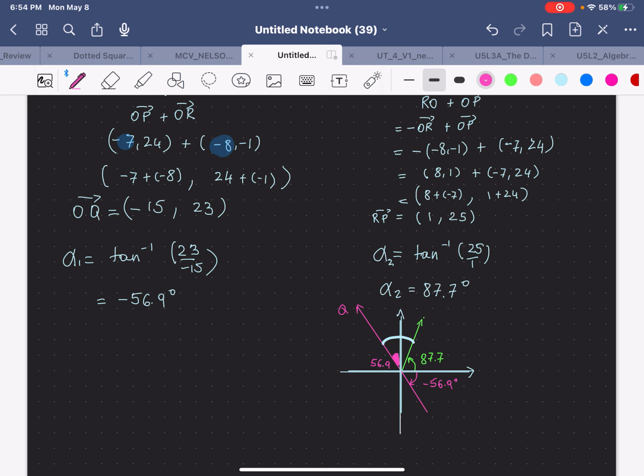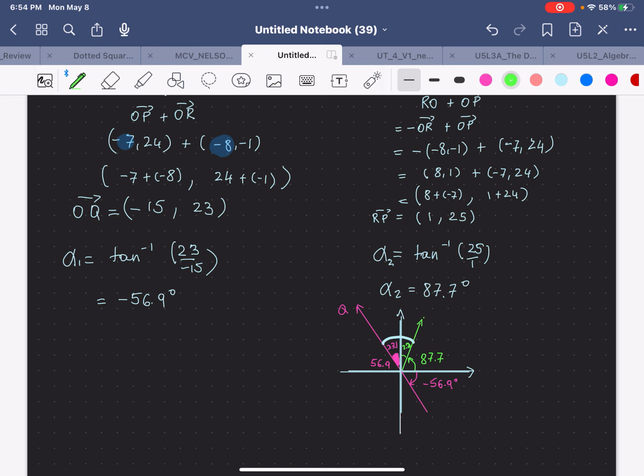So 90 minus 56.9, so that's 33.1, this tiny little angle here. And whatever is left out of 90 from 87.7, which is about 2.3 degrees.